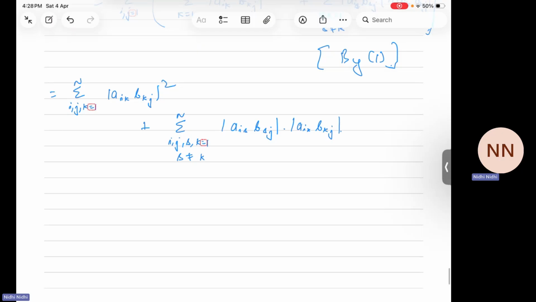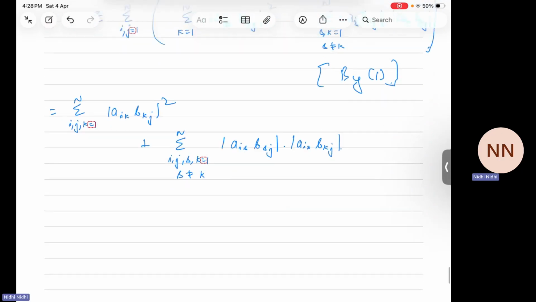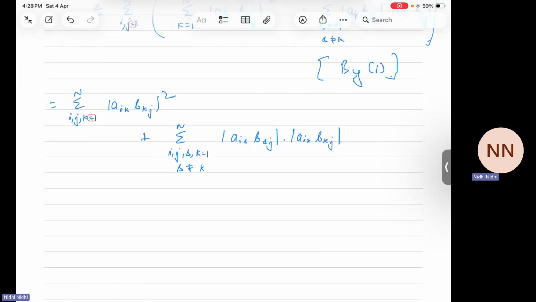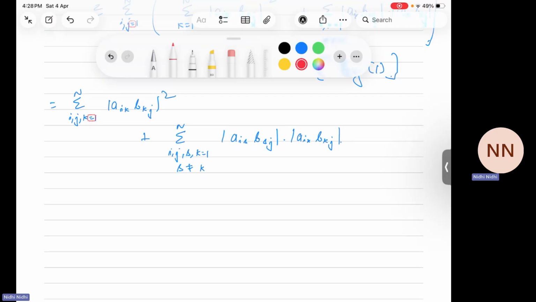Okay, so therefore I'll mark this as equation 2.